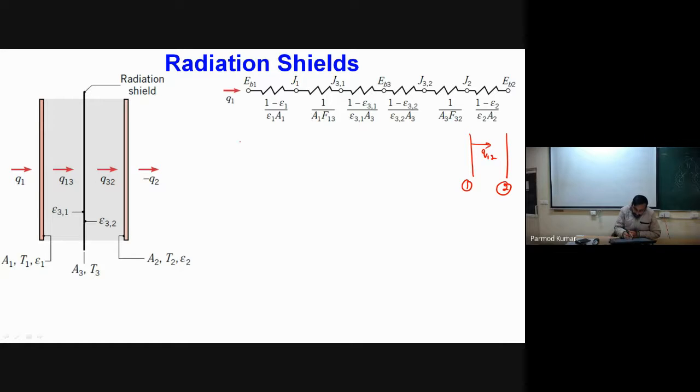Q1, 2, what it will be? Can I write it like this? EB1 minus EB2 divided by, please tell me what will be the total resistance?